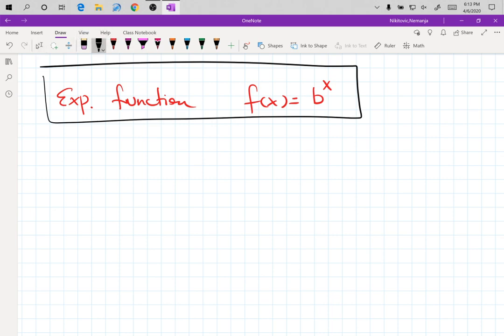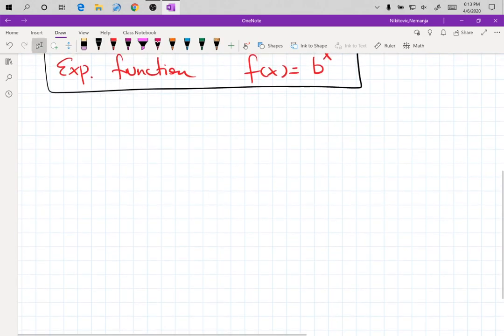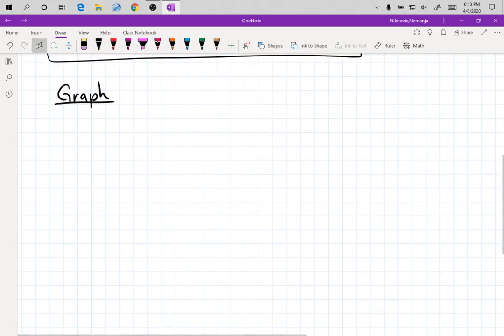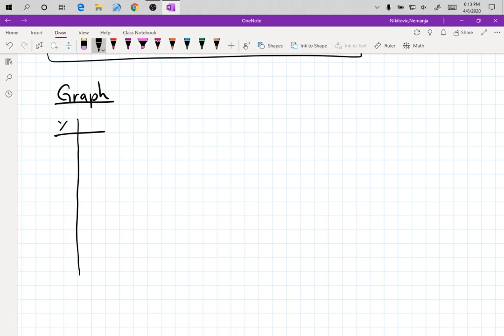So let's take a look at the graph, and then from the graph we will be able to determine a lot of other stuff. So graph. Now let's use our good old middle school technique, right, where we assign x's and compute y's. So graph y equals 2 to the x, standard. And what I'm going to do is I'm going to have a couple of these values that we can compute.